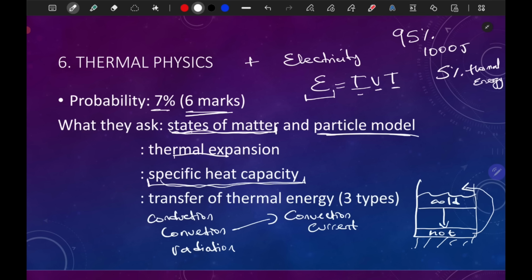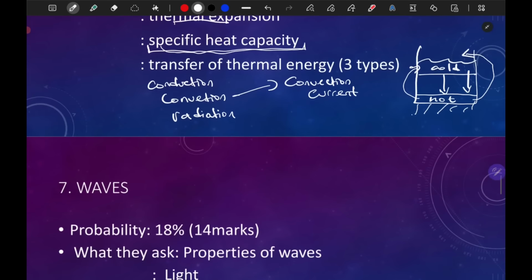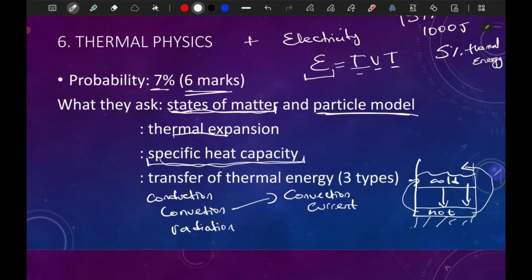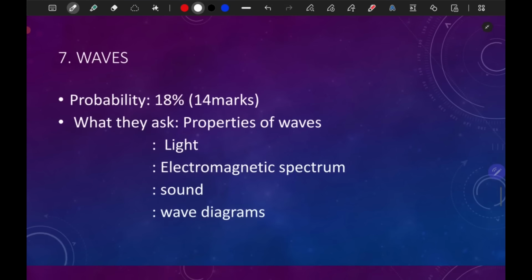And when it sinks down, it gets hot again. So this is a repeating cycle. The hot water comes up, the cold water sinks, and it continues again and again until all of the water is hot. This is what we call a convection current. This also works with air particles, not just water.